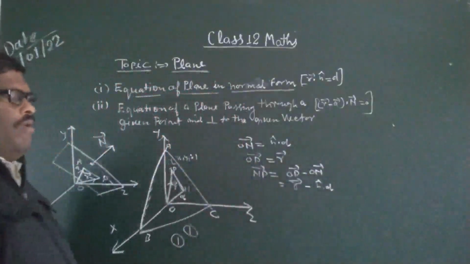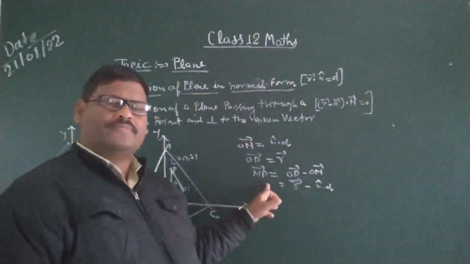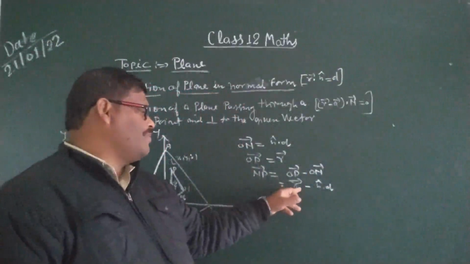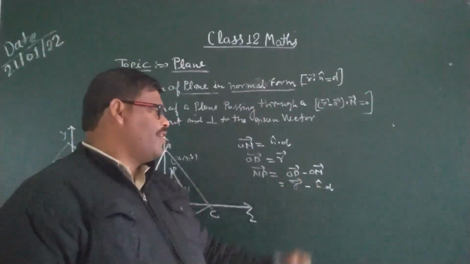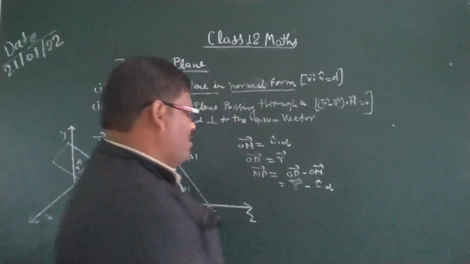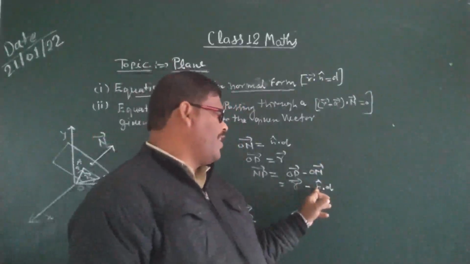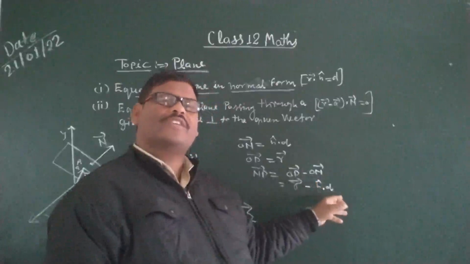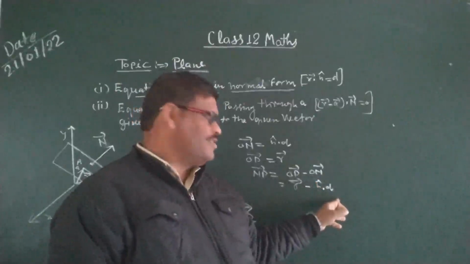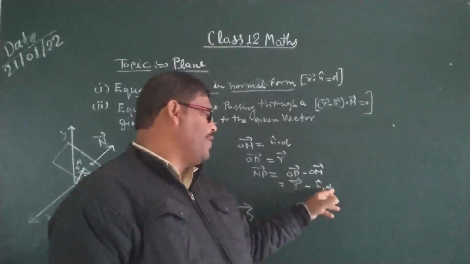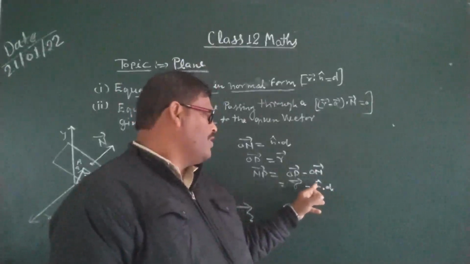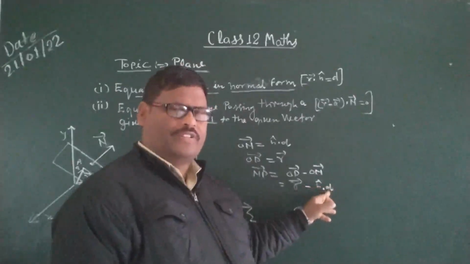Means vector NP is equal to vector r minus n cap into d, that is into d, not a dot product. Why? Because n cap is a unit vector, but d is a scalar quantity, therefore we cannot write a dot between n cap and d, because one is a vector and the other is a scalar quantity.